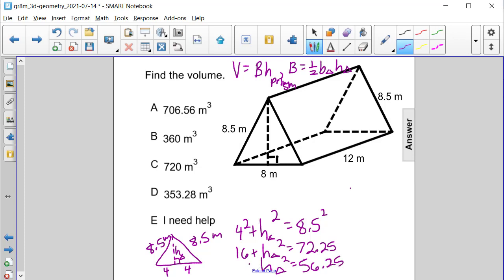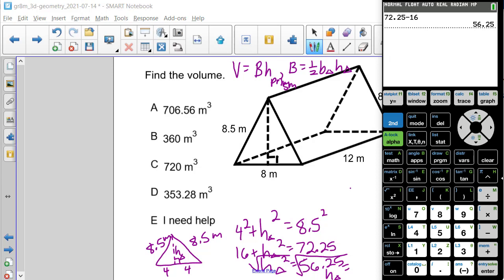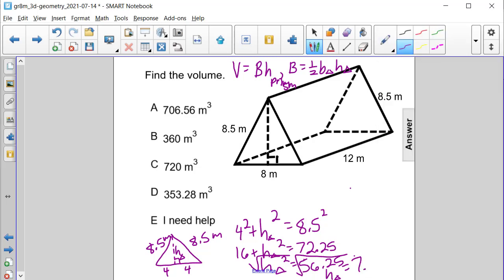And if we square root both sides of this, we will get the height of this triangle. So let's square root this number, and that's 7.5. Okay, so we have 7.5 meters as the height of this triangle.